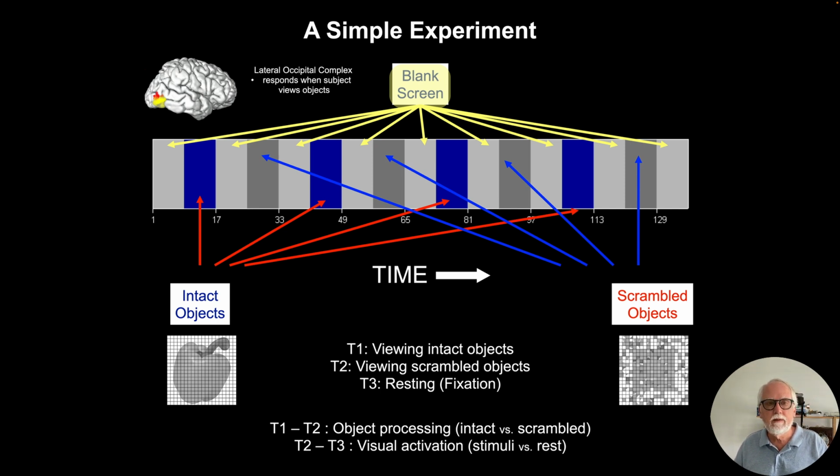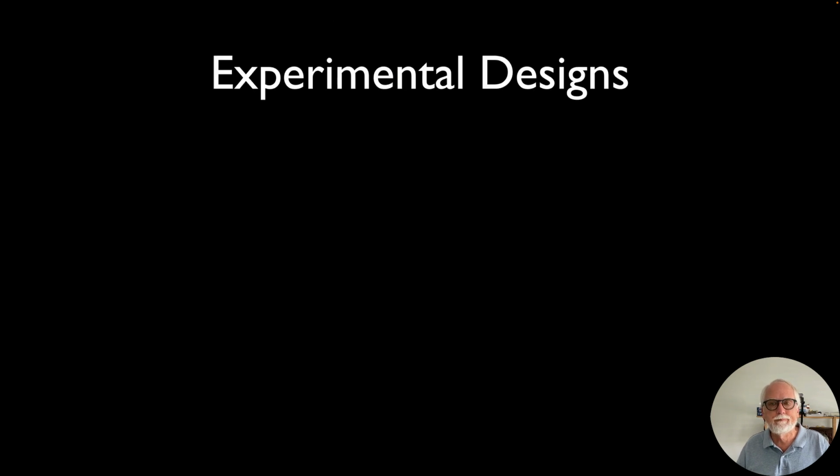Anytime you see an fMRI scan with different colors on the brain, that's because they're comparing two conditions and saying, if I take this one condition that's really close, but just a little bit different from the other condition, and subtract them, this is the color, this is the amount of difference that I see in brain activity. And then they usually use a bright red to show you there's a lot of difference between the two conditions. A yellow means there's only a little bit of difference between the two conditions. And so the point is that you could see perhaps what part of the occipital lobe is more involved when you're looking at object processing versus visual activation.